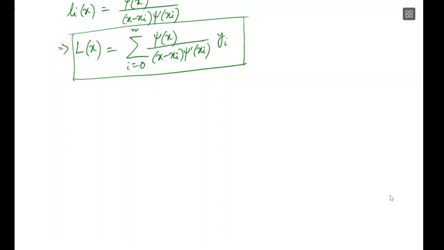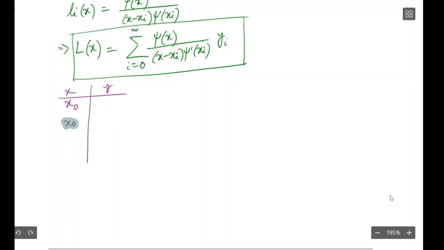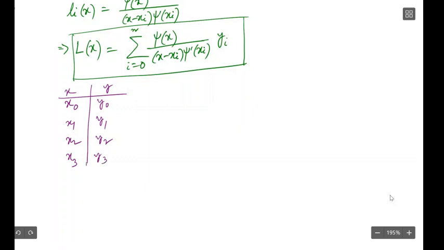So, if we consider a small problem, suppose for x values x0, x1, x2, x3, the y values y0, y1, y2, y3. Only these 4 points are known to us. Then what will be the Lagrange's interpolating polynomial?